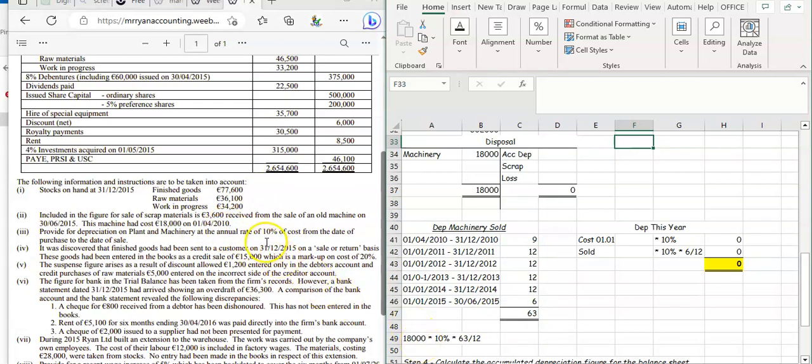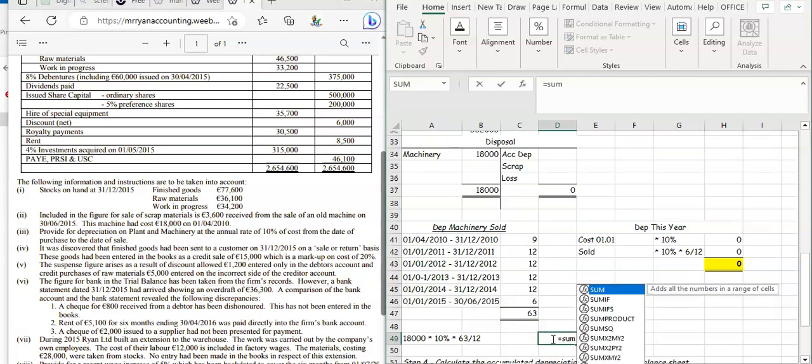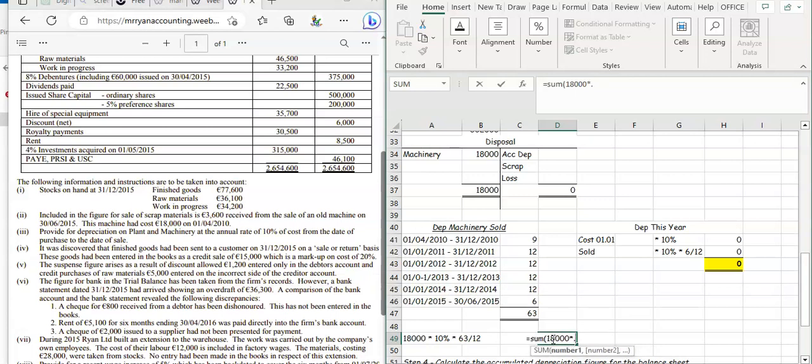The value of the machinery that we sold is 18,000. The rate of depreciation is 10%, which is taken from this adjustment. And then we had it for 63 months. So you're going to multiply by 63 divided by 12 to see what is the depreciation on the machinery we just sold. If you take 18,000, multiply that by 10%, then multiply by 63 months and divide by 12, that's going to give us 9,445.